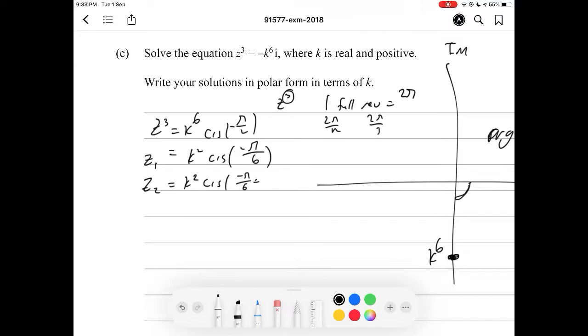So it will be negative pi over 6 plus 2 pi over 3. z2 equals k squared cis of what is this? Okay, so that's negative pi over 6 plus 4 pi over 6, so that's 3 pi over 6, so that's pi over 2. The third solution is k squared cis of pi over 2 plus 2 pi over 3.